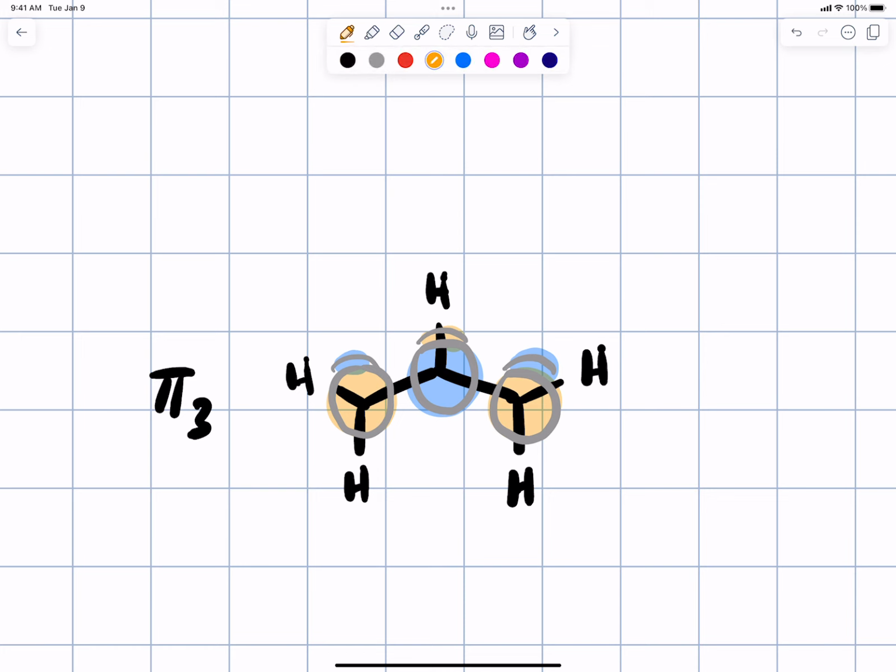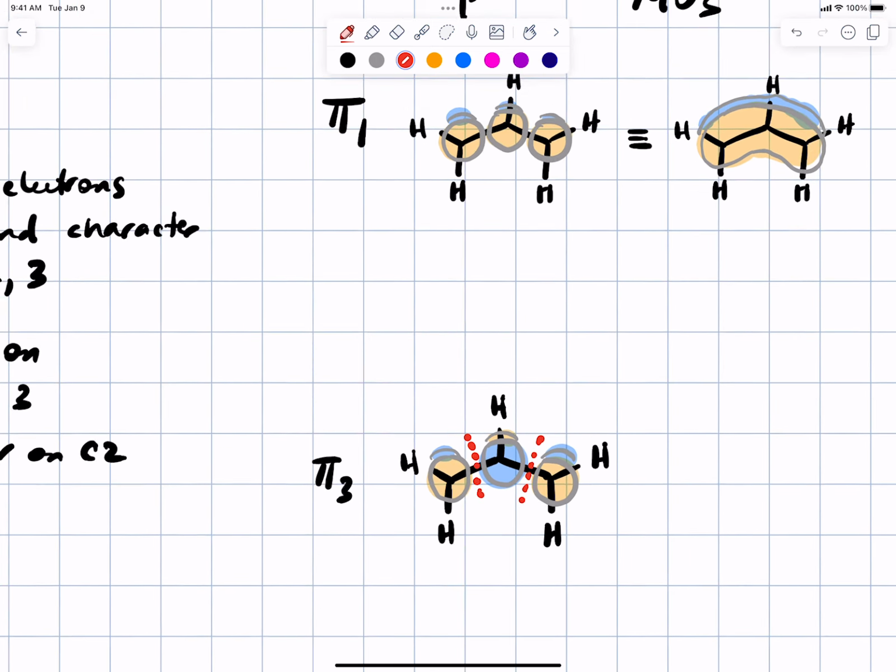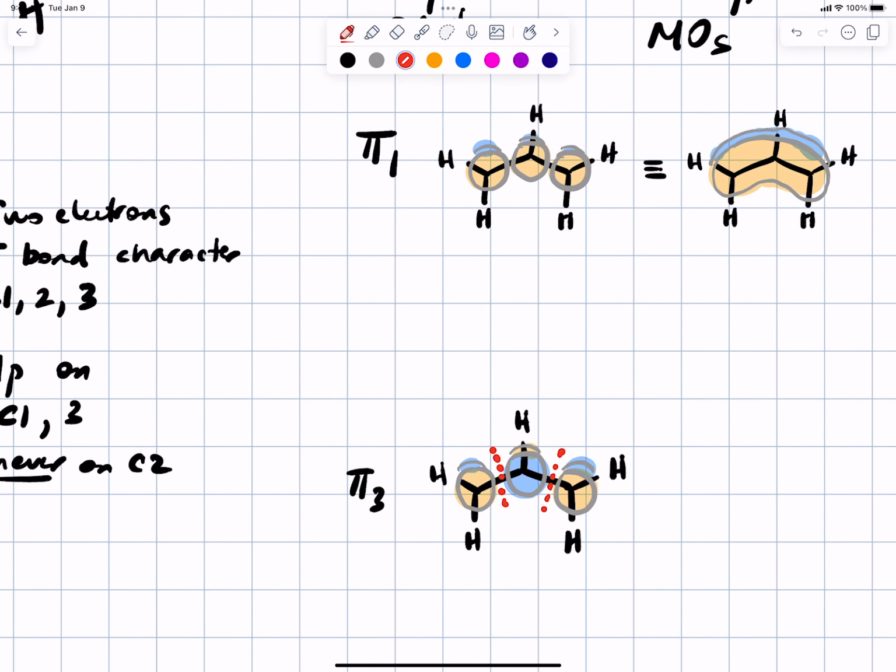I'm going to highlight those with a red dotted line. There's a node there and a node there. So pi 3, and actually I could try to draw what pi 3 actually looks like, but it would be just this. So we don't need any other explanation there.